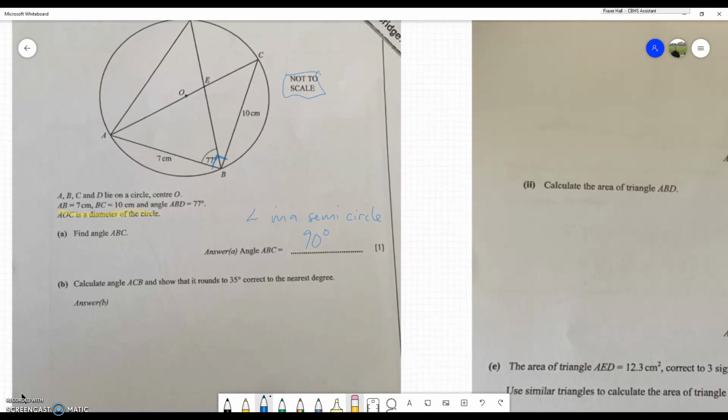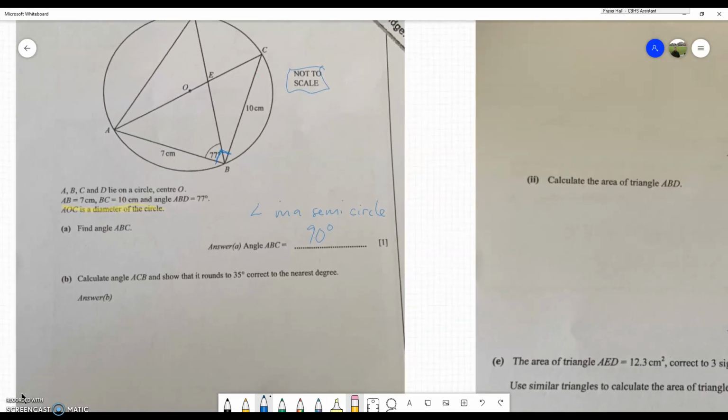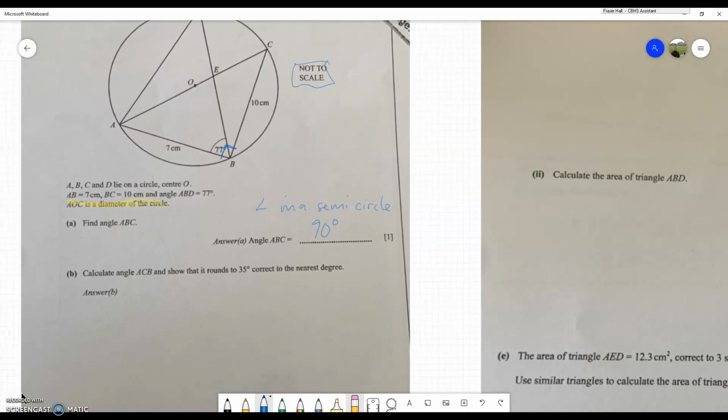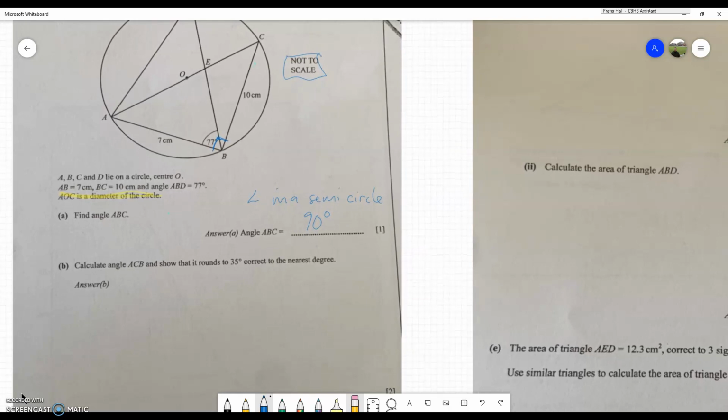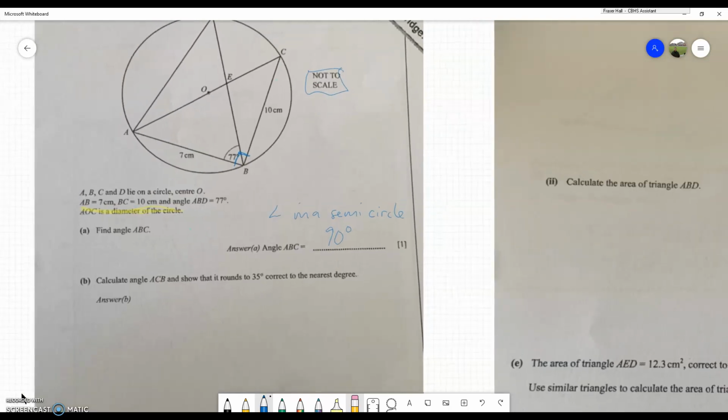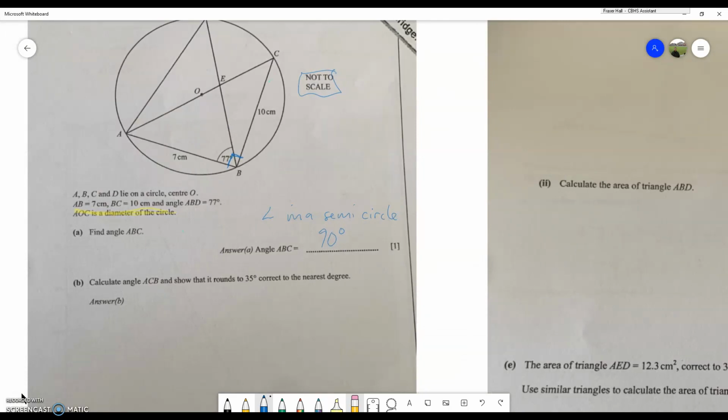So the second part is asking us to calculate the angle at ACB and show that it rounds to 35 degrees to the nearest degree, which is nice, as we can work out our answer and see if we've got it right or not. So first, identify the angle, ACB, which we are looking at this angle here.